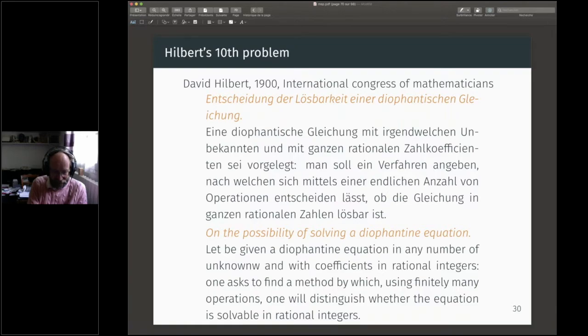At that time, in 1900, the notion of an algorithm was not clearly stated, but Hilbert asks for a method using finitely many operations. So today we recognize the idea of an algorithm.